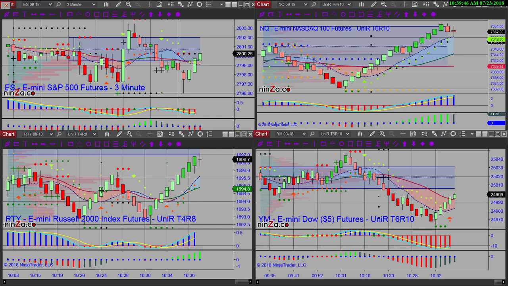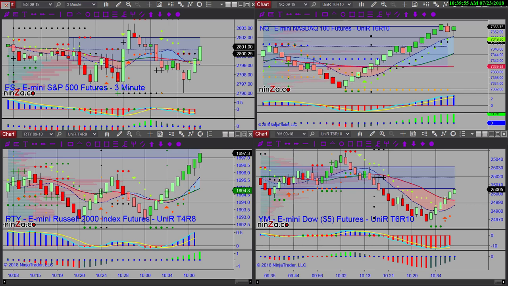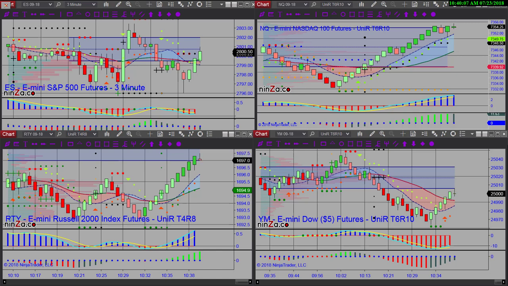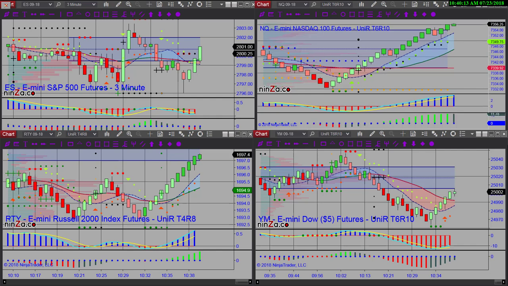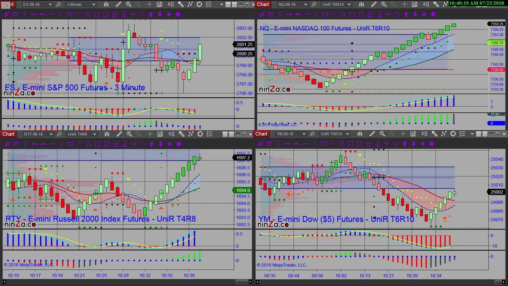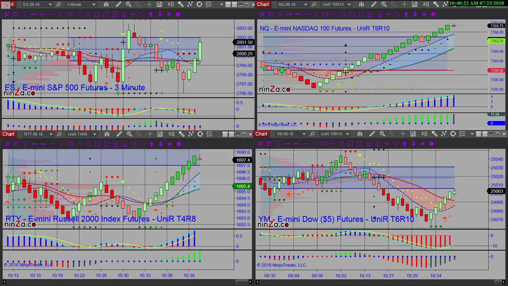Got a flurry of activity as we passed 50, nice round number. And that's when we got the pop. ES is getting a push. Russell getting a little bit of a push. So buyers stepping up a little bit. New highs of the day for the Nasdaq. Over 55, we could have been long, but that's 20/20 hindsight.